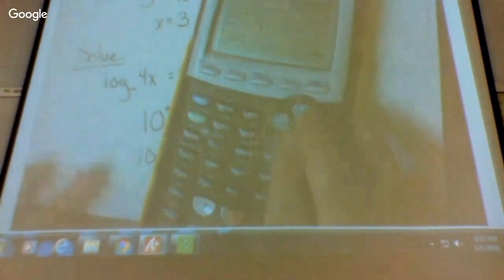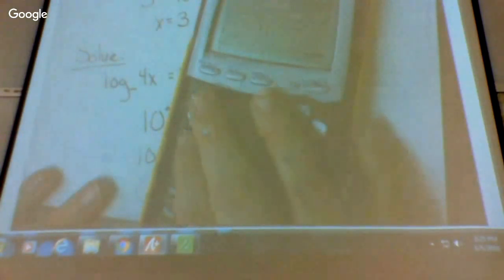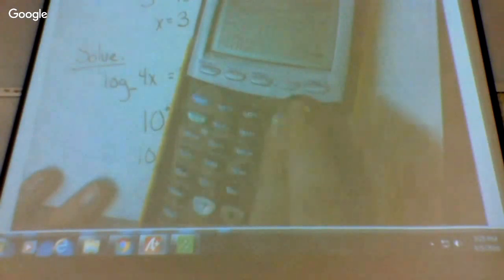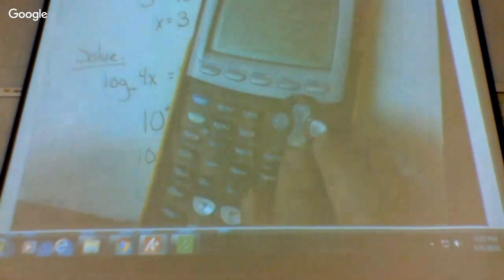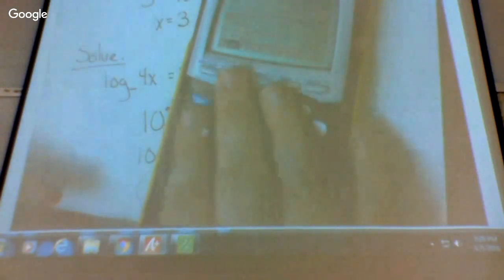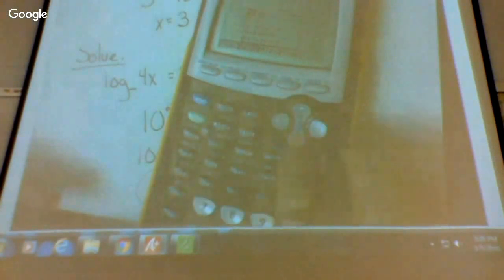You technically could go to Math, and somewhere it says log base. If you have an updated calculator, not all of them, hit the alpha and then try alpha 2. It gives you log base, option 5.